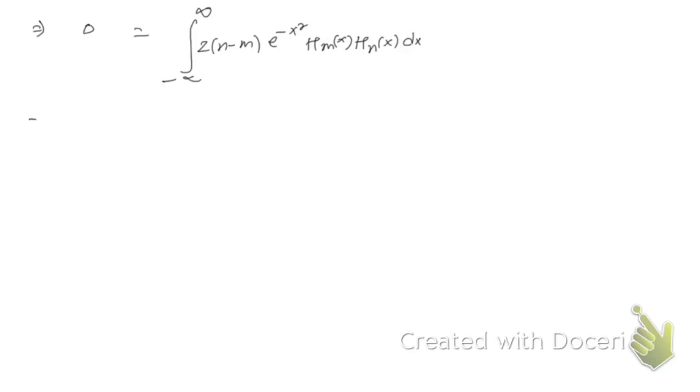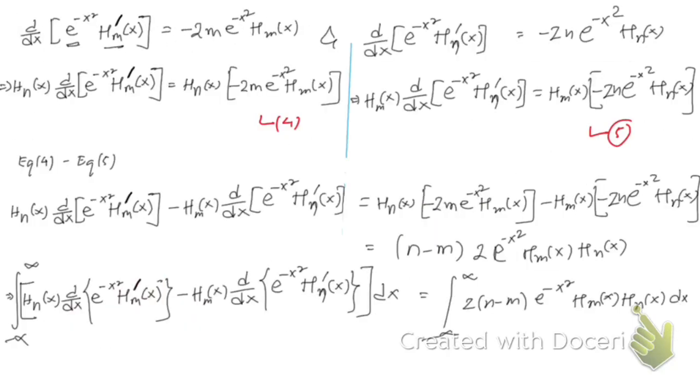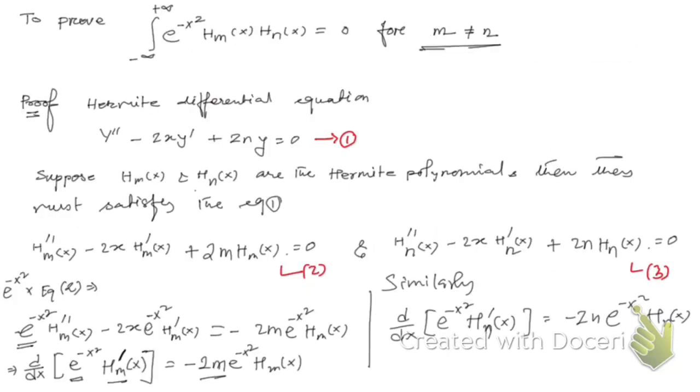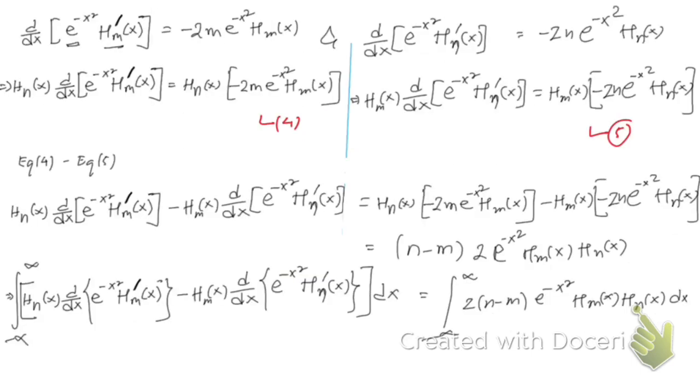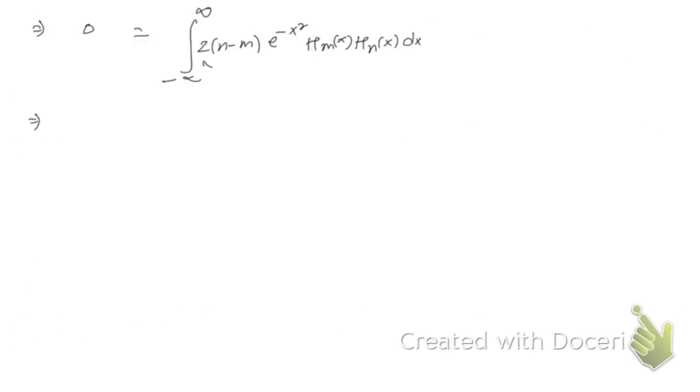Now here you see, in the question it is already given that m is not equal to n, and we need to show this. If m is not equal to n, then this part cannot be 0, right? So here this constant part can be written outside the integral. Let me show you. It can be written this way. Now you see, that's why this term will become 0. It is only possible if this integral part is 0.